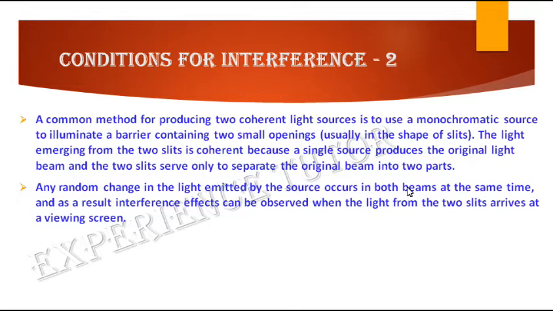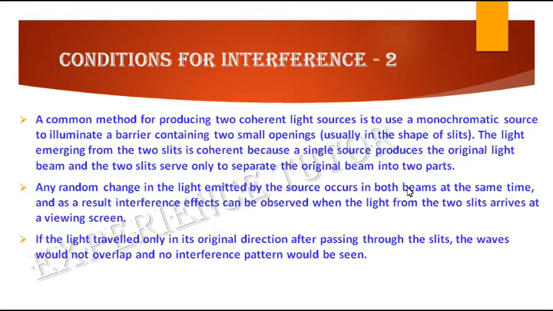Any random change in the light emitted by the source occurs in both beams at the same time, and as a result, interference effects can be observed when the light from the two slits arrives at the viewing screen. If the light traveled only in its original direction after passing through the slits, the waves would not overlap and no interference pattern would be seen.